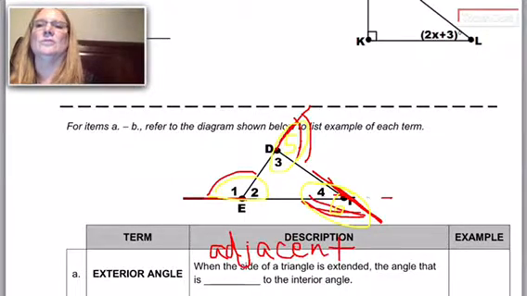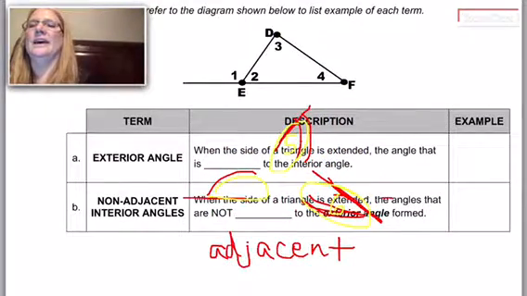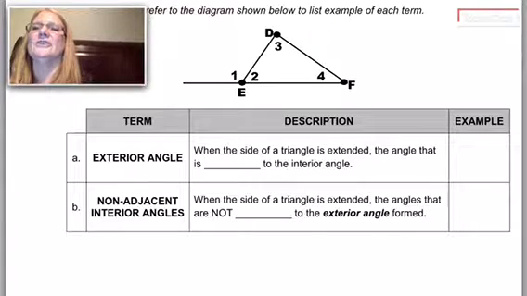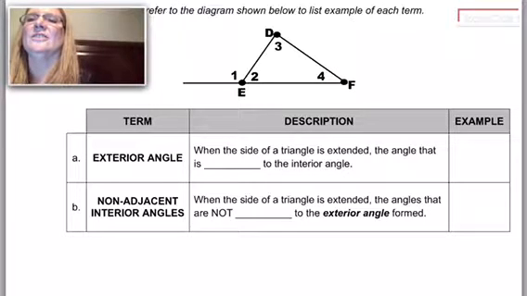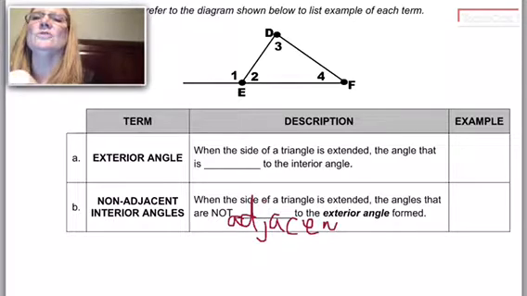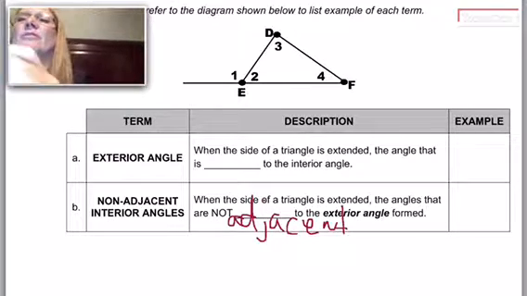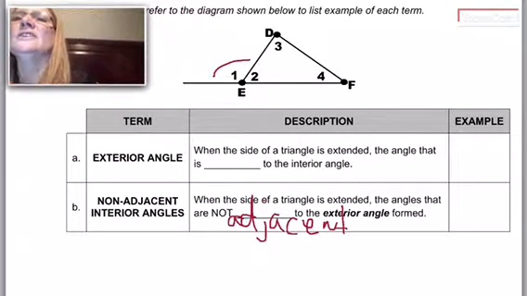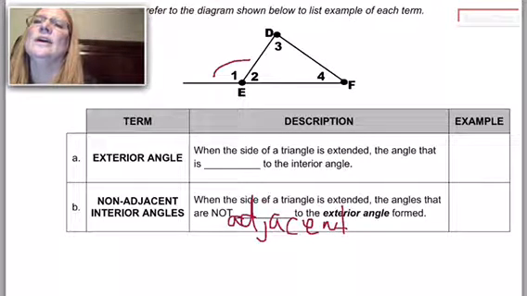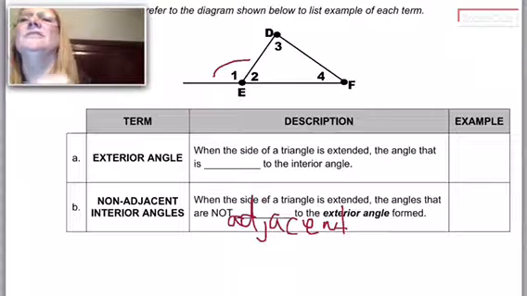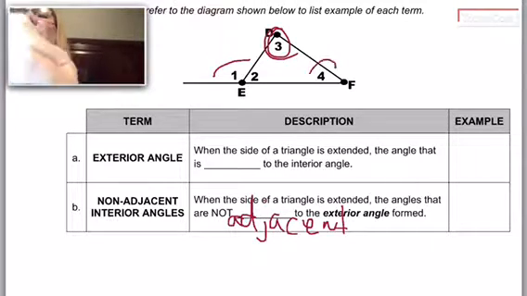So let's scroll this up just a little bit, and then we have what are called the non-adjacent interior angles. When the side of a triangle is extended, the angles that are not adjacent to the exterior angle. So in the picture above, if 1 is adjacent to 2, the angles that are not adjacent to 1 are 3 and 4.